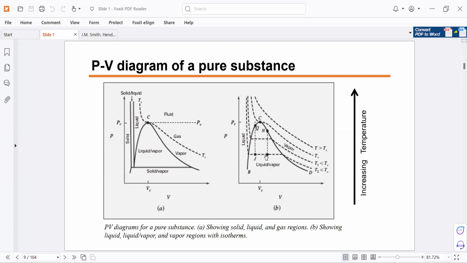Remember that we only have 1 degree of freedom if it's a mixture of liquid and vapor in equilibrium, or a saturated liquid-vapor mixture. So fixing the temperature, which is what the isotherm also does, is why it's perfectly horizontal right inside the curve.